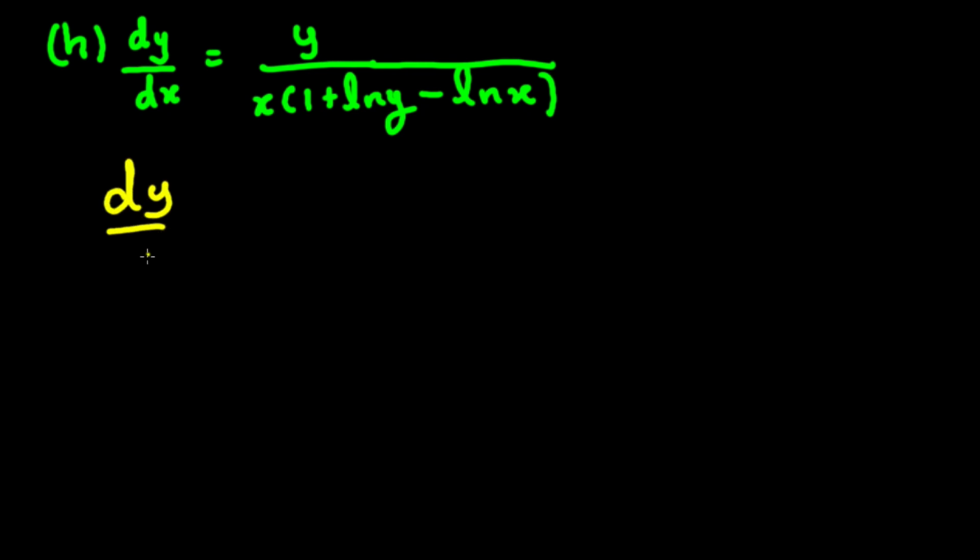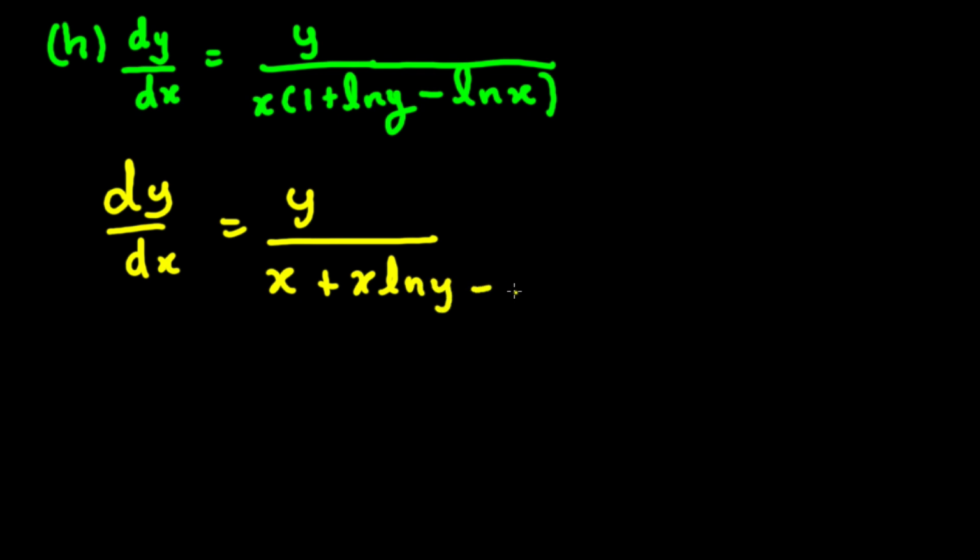Here we have dy by dx and this y with power 1. So the rest of them also have to be power 1 in order to be homogeneous. So if I multiply this x to both of them, this is going to be what? x plus x ln of y minus x ln of x. So this is what makes this one confusing, because we have x and also we have a ln of y. But the tricky part is whenever we have ln subtracting, it's equivalent to division.